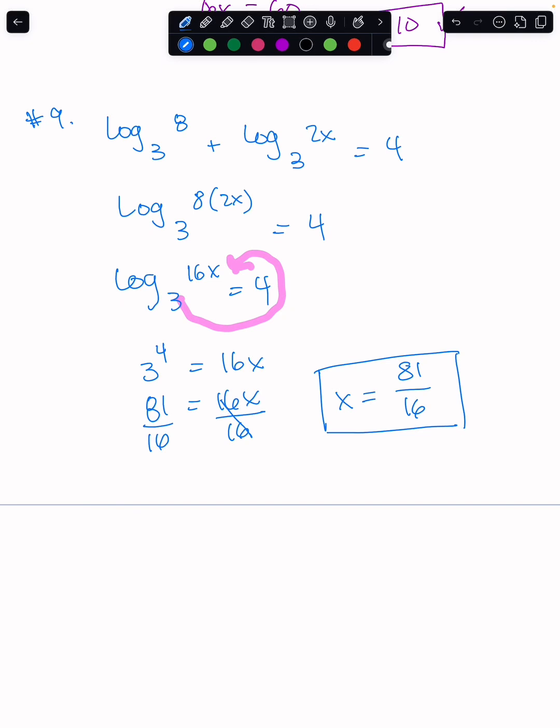All right. Now let's get into one or two of the somewhat challenging ones. Not too bad, but got three more left. Number 10. Number 10 says log base 4 of x minus log base 4 of x plus 6 equals log base 4 of 21.